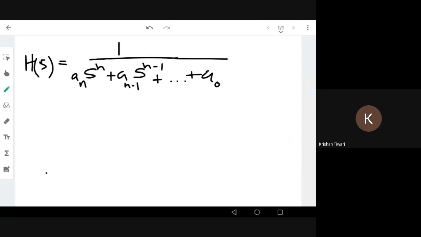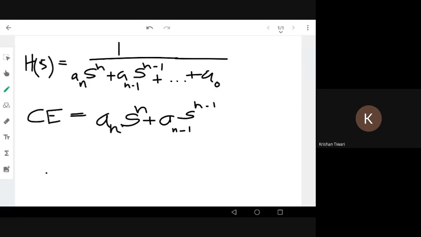So this is some transfer function where my characteristic equation is, see, the characteristic equation is a_n s raised to n plus a_(n-1) s raised to n minus 1, and it goes on like this, till I have a_1 s raised to 1 plus a_0 s raised to 0.